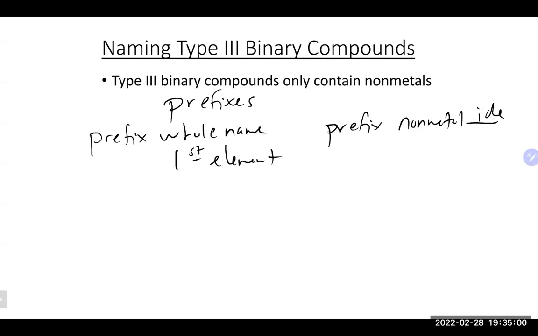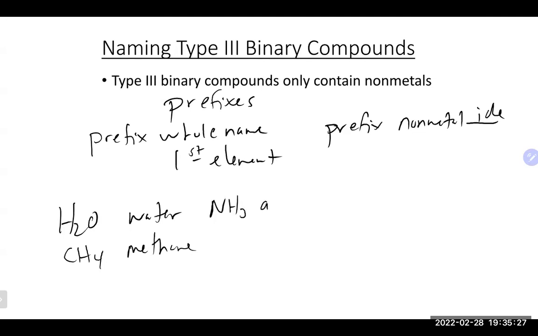But again, there are a few rules to how to properly use the prefixes, which we're going to talk about here in a second. By the way, there are certain things that when a couple of nonmetals come together, as we talked about earlier, we still use those common names. So as we saw earlier, H2O, which is two nonmetals together, is still water. CH4 is methane. NH3 is ammonia.